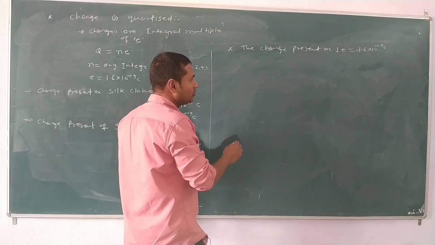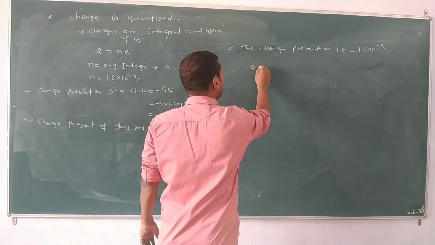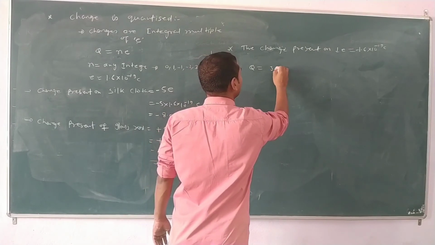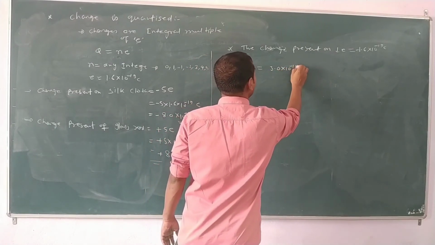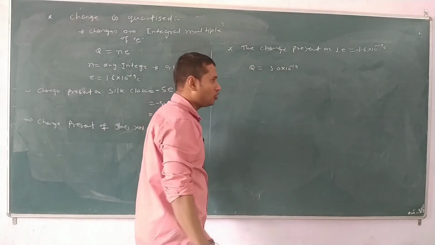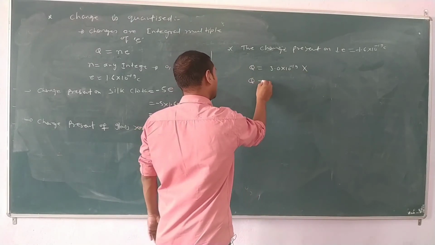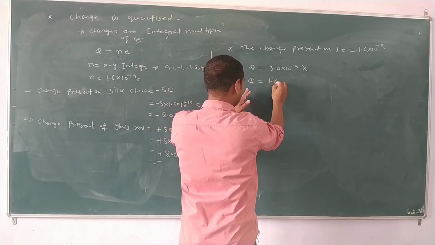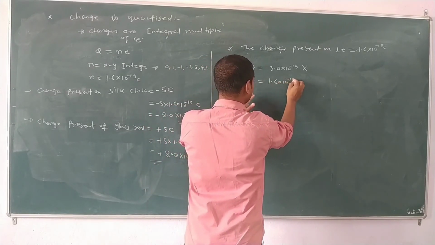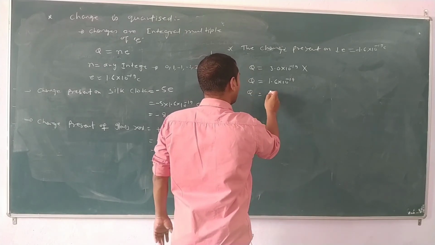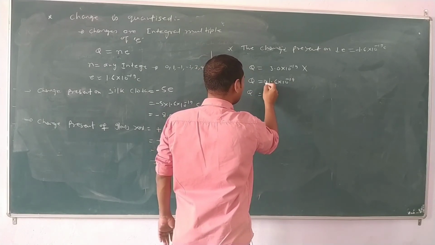If anybody asks you whether there can be a charge whose value is 3.0 × 10^-19, is it possible? No, it is not possible. The first value of the charge is 1.6 × 10^-19.